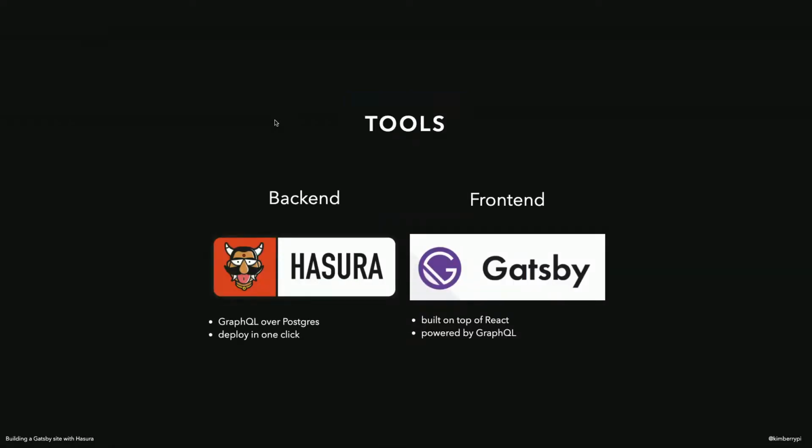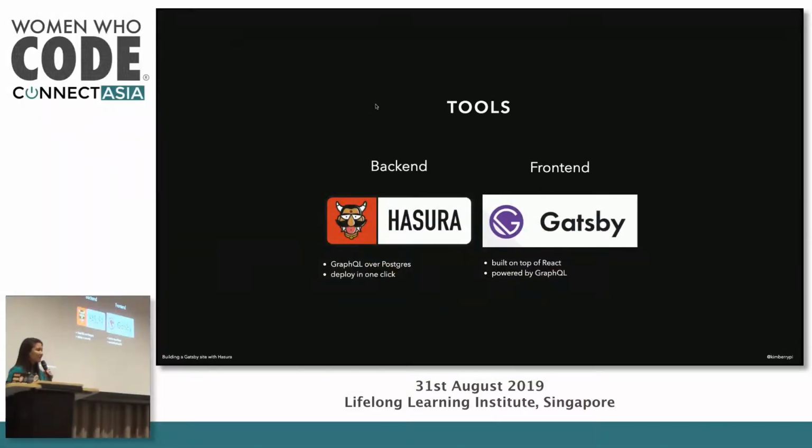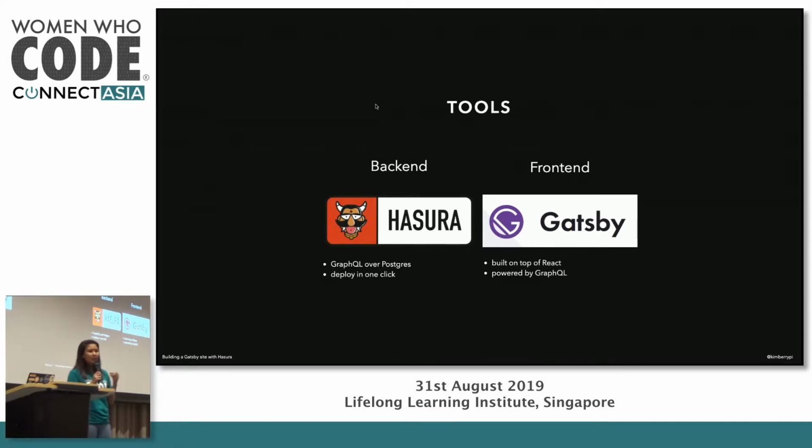So for the tools today, the format of this talk is really like a study group in Women Who Code Manila. So my tools are, for the back end, it's Hasura. So Hasura is GraphQL over Postgres. So if you are not yet familiar with GraphQL, I'll walk you through later. But Hasura is built on top of Postgres.